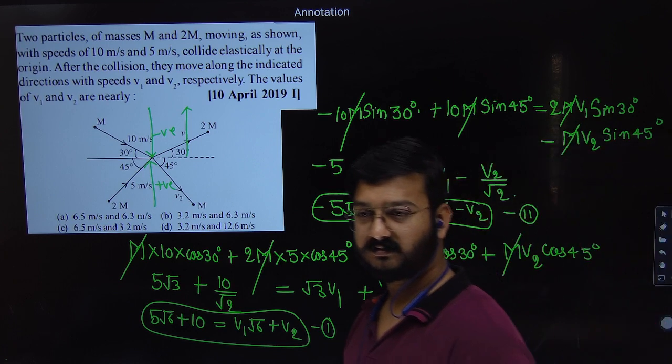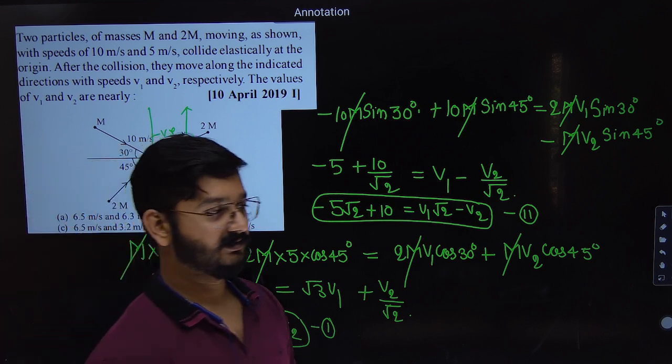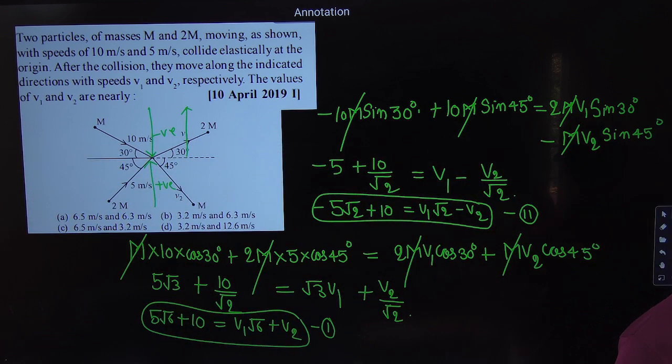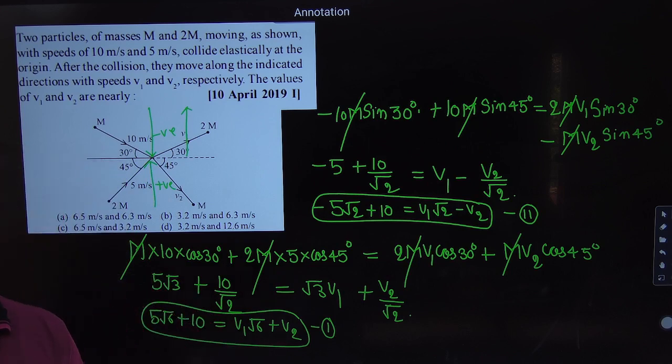What happened, Parinit? Resting? Are you resting? Means taking rest. Then solve it. Finish it. I told what is the method to do. Add both. V2 will get cancelled. You will get V1. If roots are there, you need to know the approximate value of root.